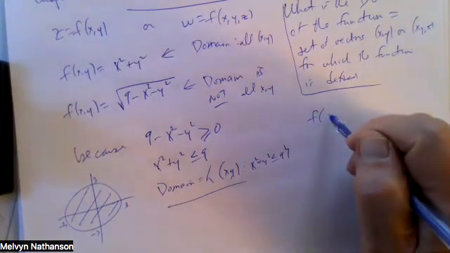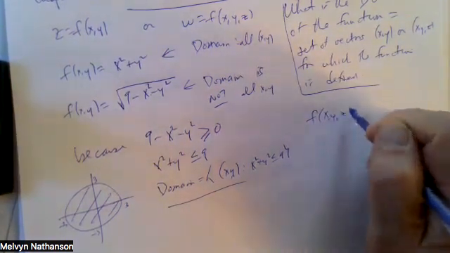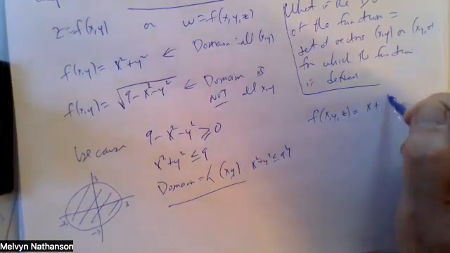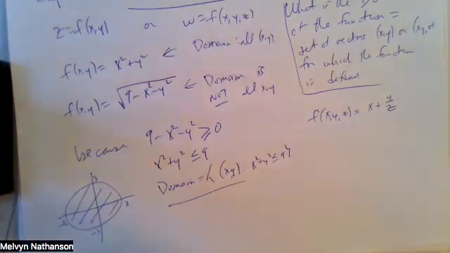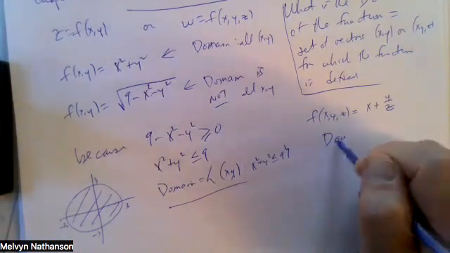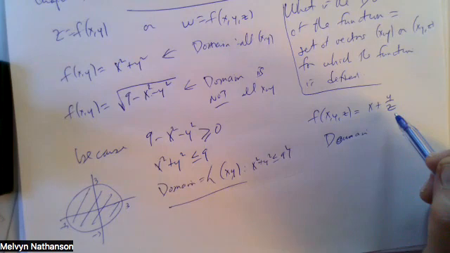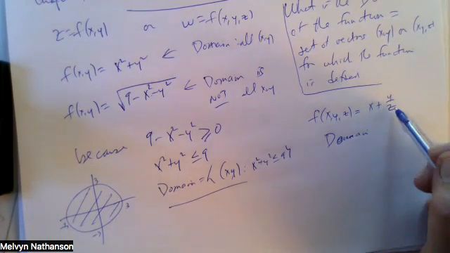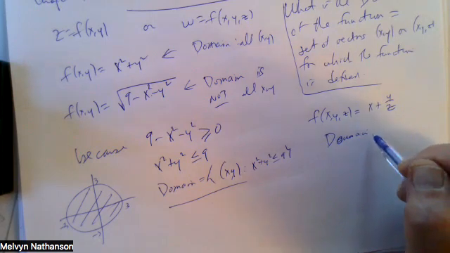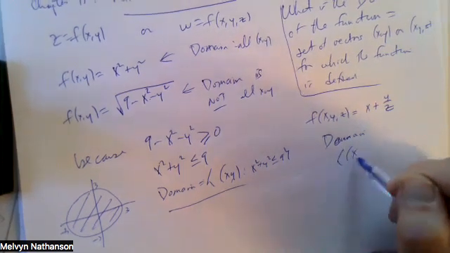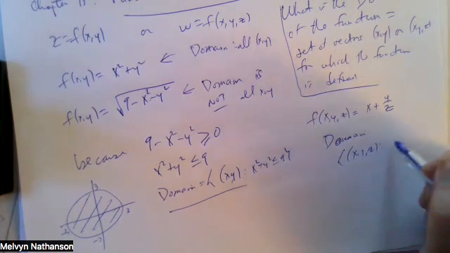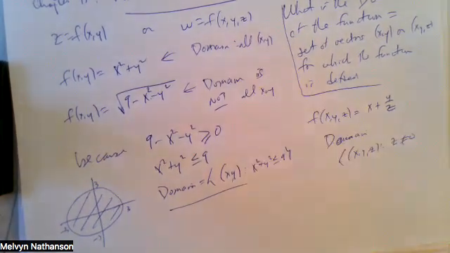If you have the function f of x, y, z equals x plus y over z, what is the domain of this function? Well, the domain is anything where it makes sense, which means z is non-zero. So the domain is the set of all x, y, and z, where z is not 0.